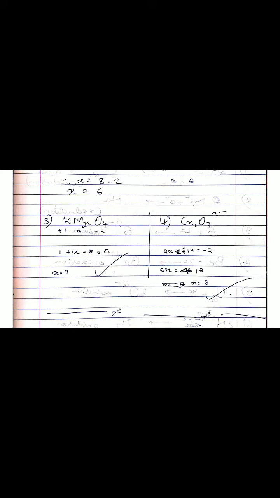Is there any overall charge on H2SO4? No. So this gives you an equation: 2 into +1, because hydrogen appears 2 times, plus sulfur 1 time, X, plus 4 into -2, equals 0. You just make this equation and evaluate the value of X. Simple. In that way you can calculate the oxidation state of any other unknown substance.